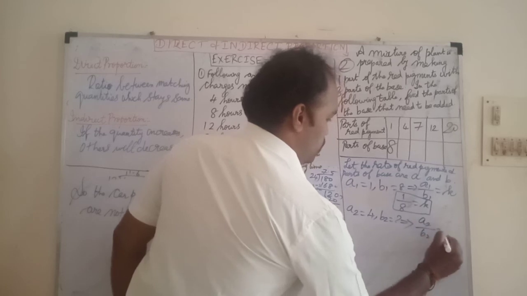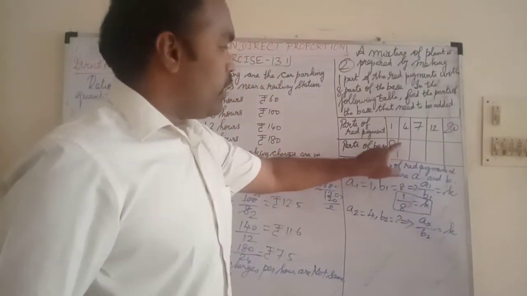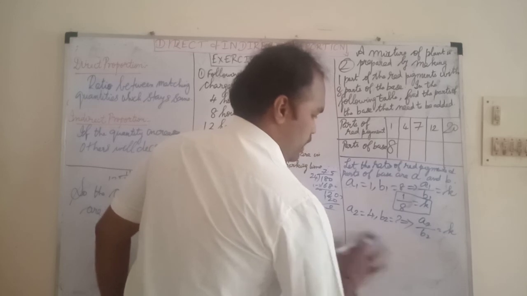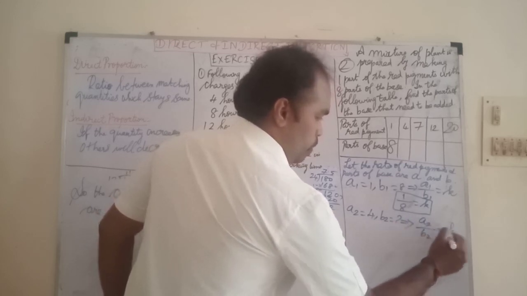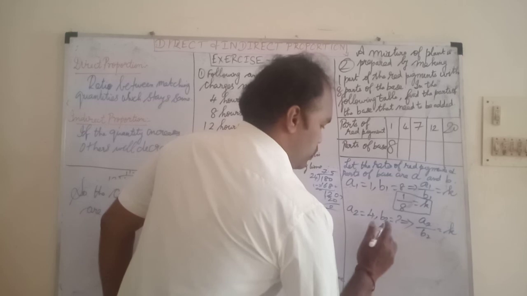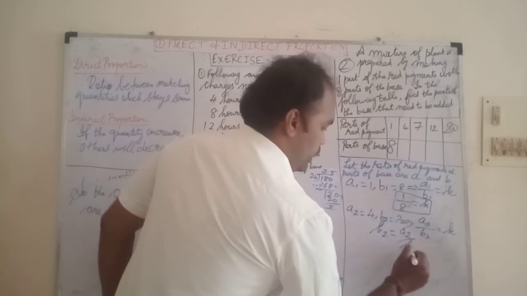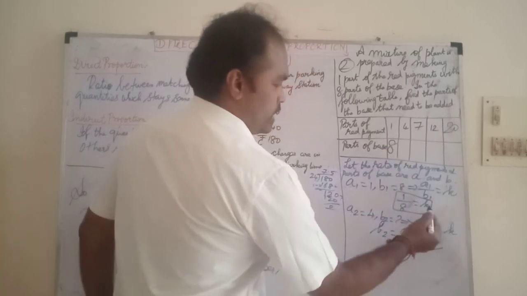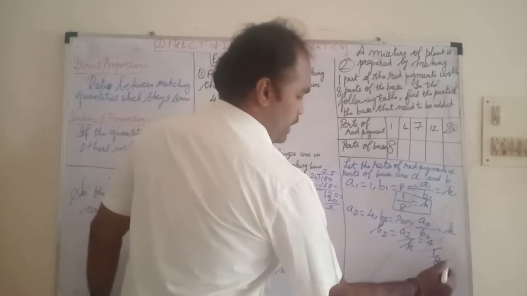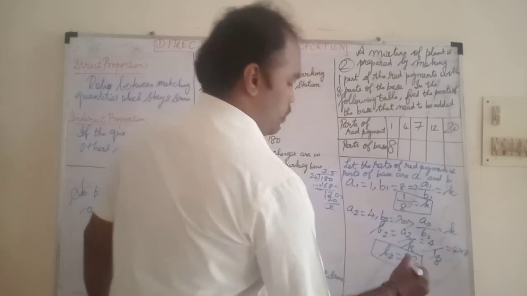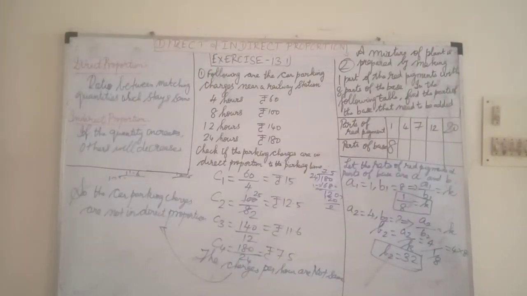A2 by B2 equals K. We need to find the B2 value, so we move B2 and K across: B2 equals A2 by K. A2 is 4, K equals 1 by 8. So 4 into 8, B2 equals 32.